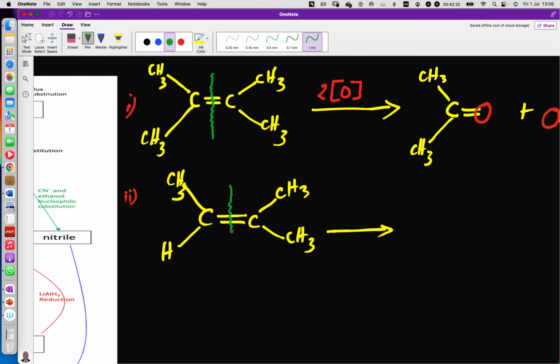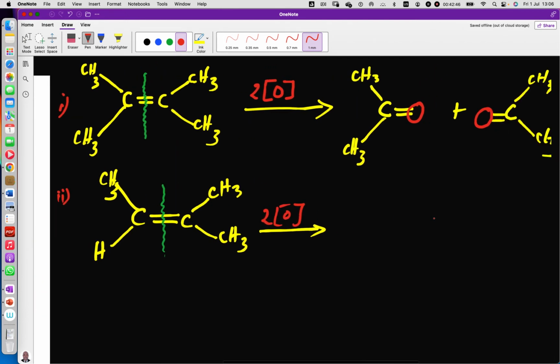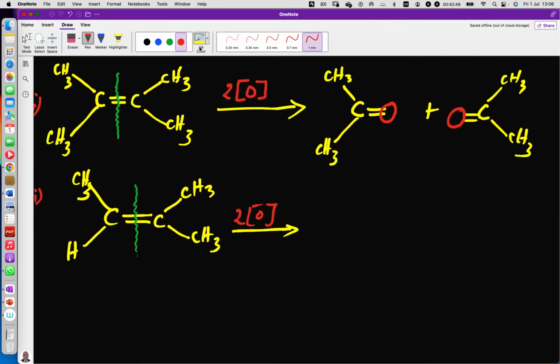When it breaks equally, oxygen is added. So when this breaks, this is going to be the product. We are going to have C, a methyl group, a hydrogen, and this one.